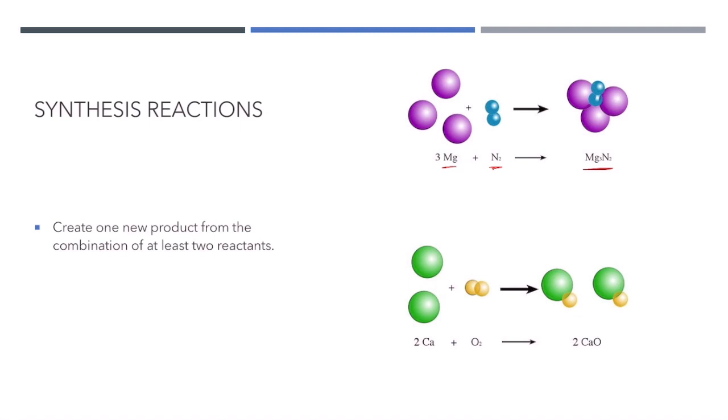And in the second example, I've got calcium and oxygen coming together to form molecules of calcium oxide. So even though I have 2 molecules here, they're still the same substance. And the idea is that we're taking 2 different substances and combining them to make a single substance. And that is going to be a synthesis reaction. If you think about it, the word synthesis is to make something or to put things together. And that's what we're doing here.